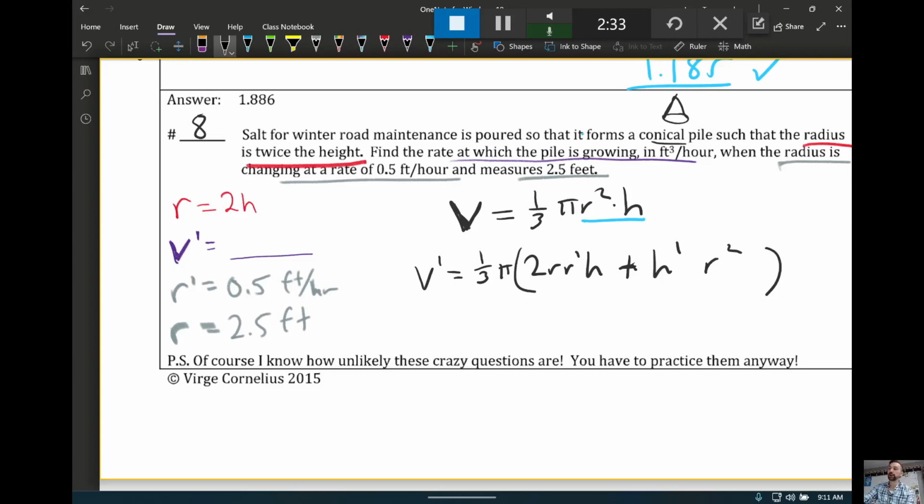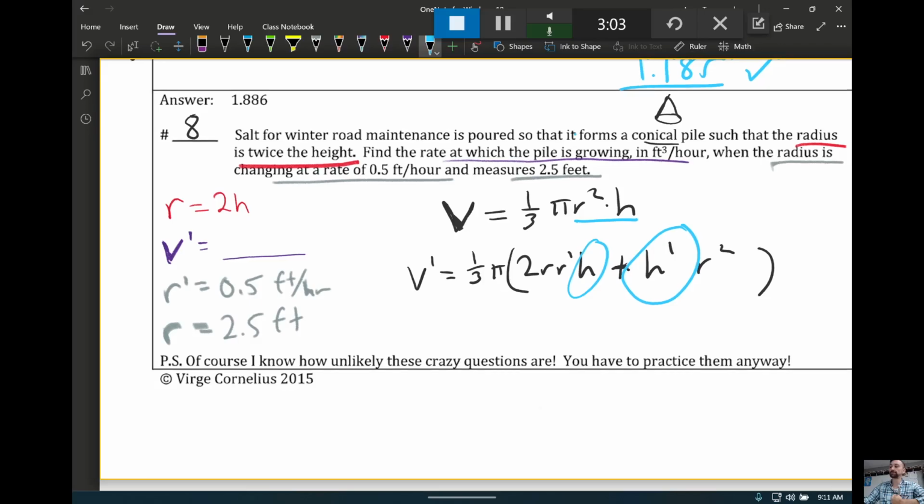When you take the derivative of h, you create an h prime, because we're taking the derivative with respect not to r or h, but to t. The problem with this is they don't give you enough information to solve for how the height changes. So it's not that this is wrong, it's just a path that creates information that I need to know that I don't know. I don't know this, I also don't know height, and you kind of hit a wall.